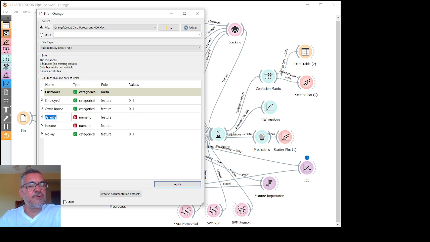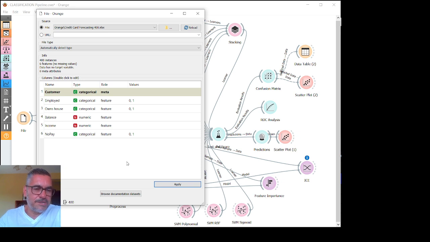In this variable balance, we have the actual balance on their credit card. Income is their annual income, and this variable no pay is again a categorical variable with values 0 and 1, and we have a 0 here whenever a customer pays, and 1 whenever a customer does not pay.